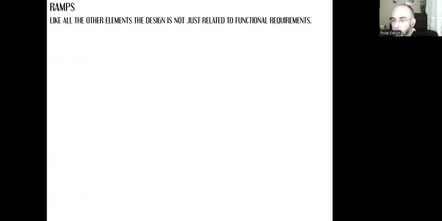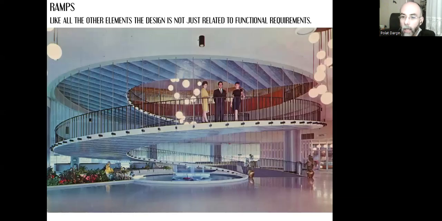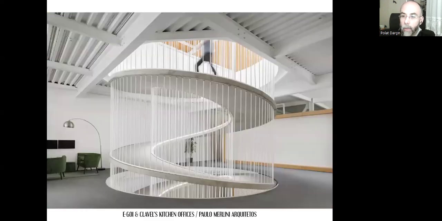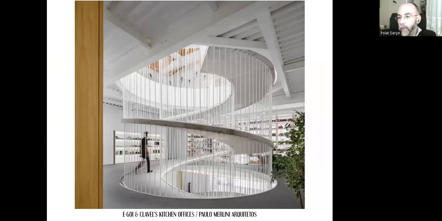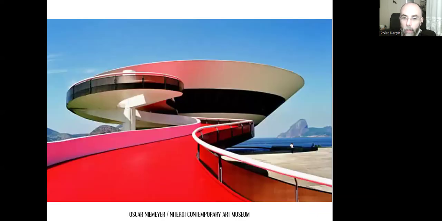Like all the other elements that we have been talking about throughout the semester, the design is not just related to functionality. It also has aesthetic properties, so we need to consider them, such as in these nice examples. This is a very good example, in my opinion. I don't know the function of the building, but you can search for it and find different images yourself.